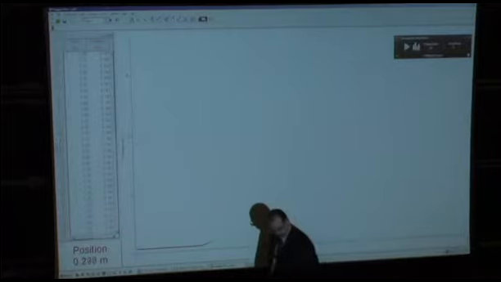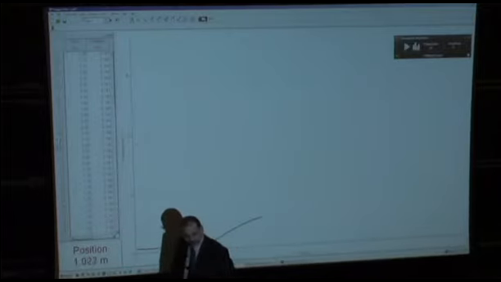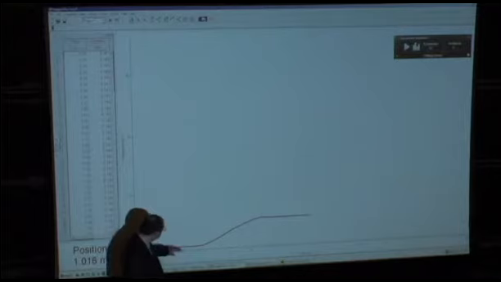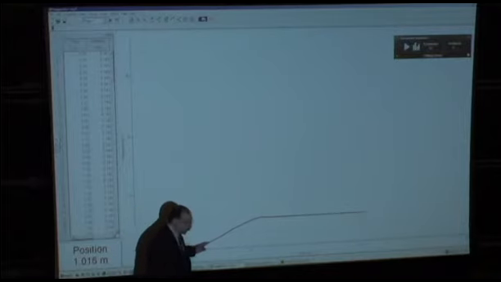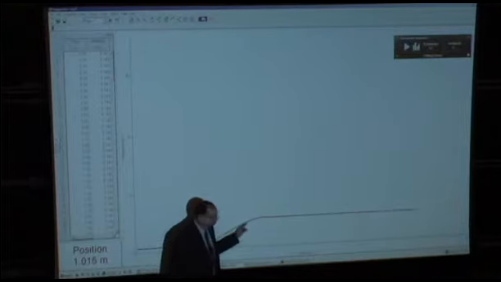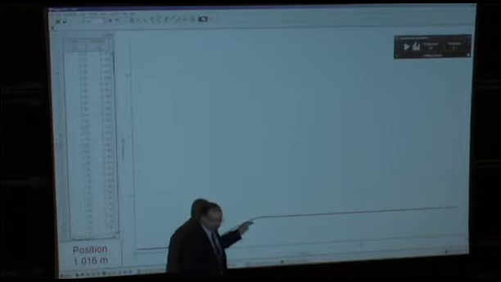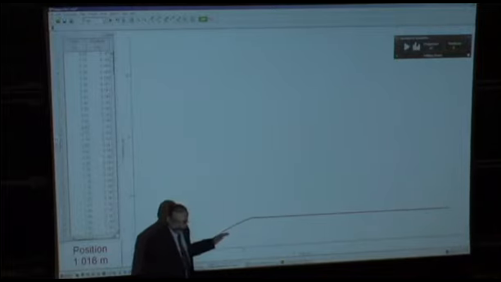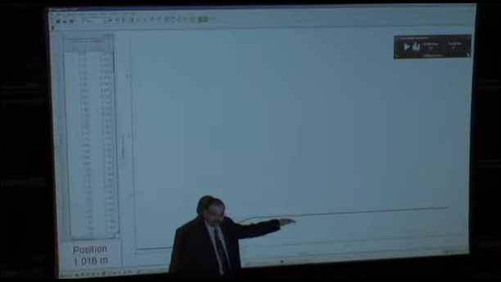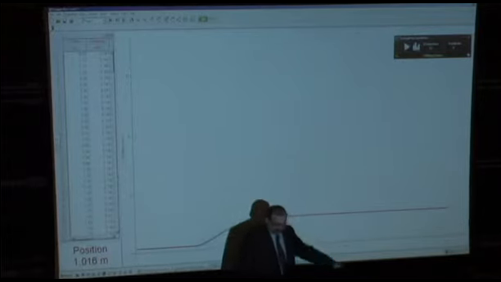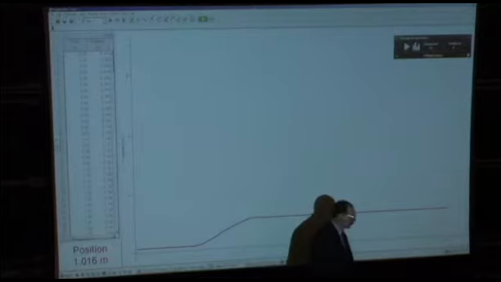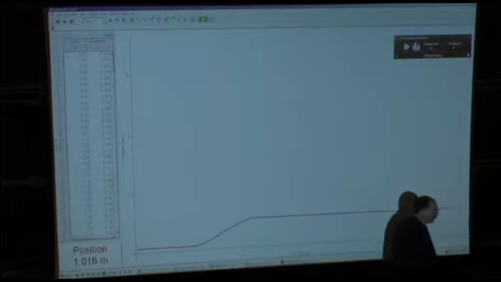Now, the object was at rest, and now it is moving away from the origin, relatively steady motion, and then at rest again. That's what we call a linear motion here with constant velocity. What if we do something like this?